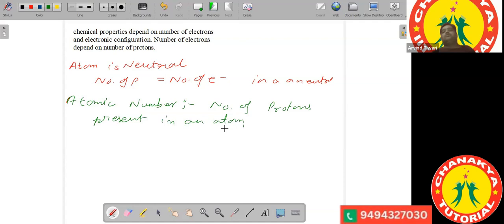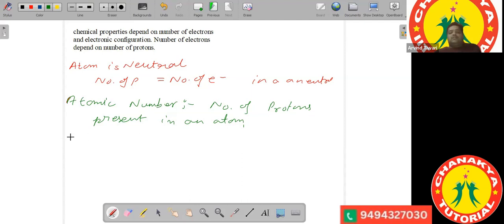The number of protons present in an atom is called atomic number.